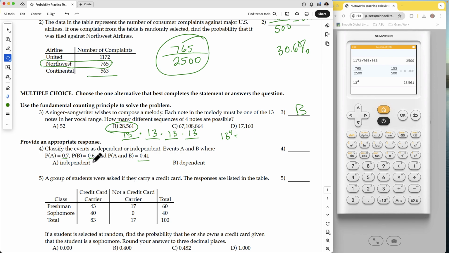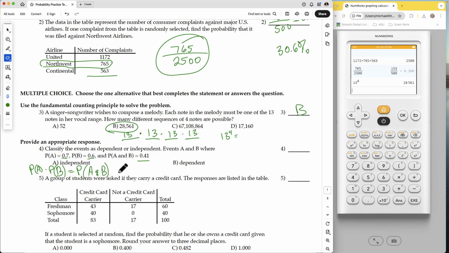Well, if they're independent, that means probability A times probability B is going to be the same thing as the probability of A and B, because the probability of A happening does not change or do anything with B. So we could just multiply the probabilities.